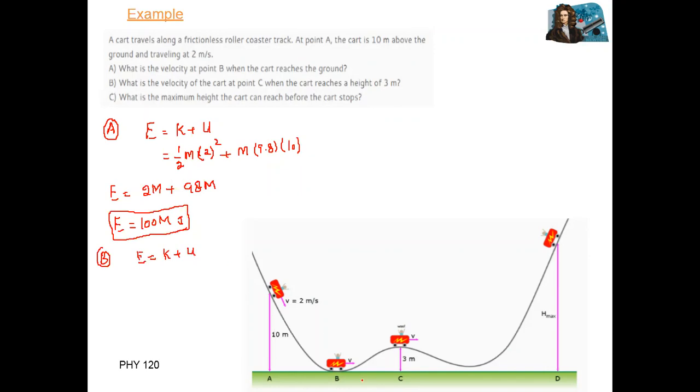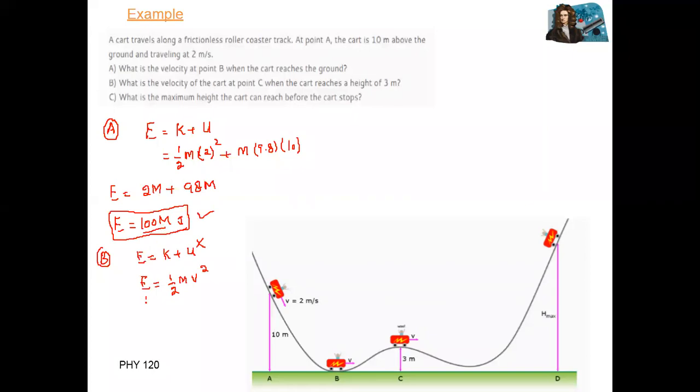But again, you can see height from the ground equal to 0. So potential energy equal to 0 because height equal to 0. So total energy is equal to kinetic energy half we have m and v square. We don't know about v square. But we know from first one the total energy of a system equal to 100 times mass.